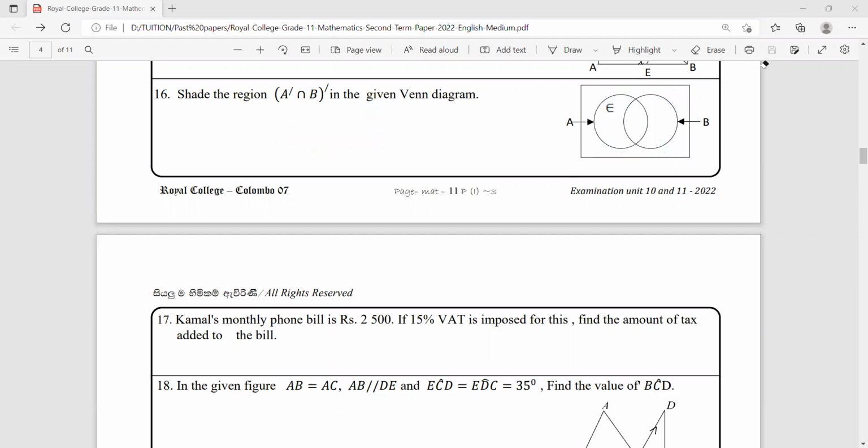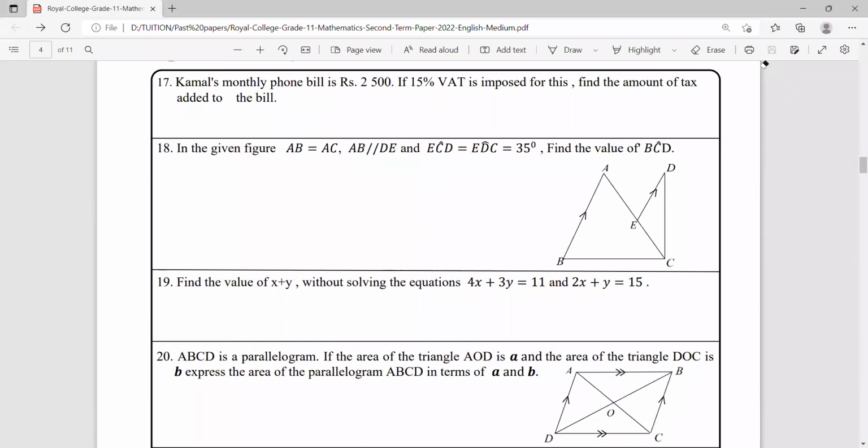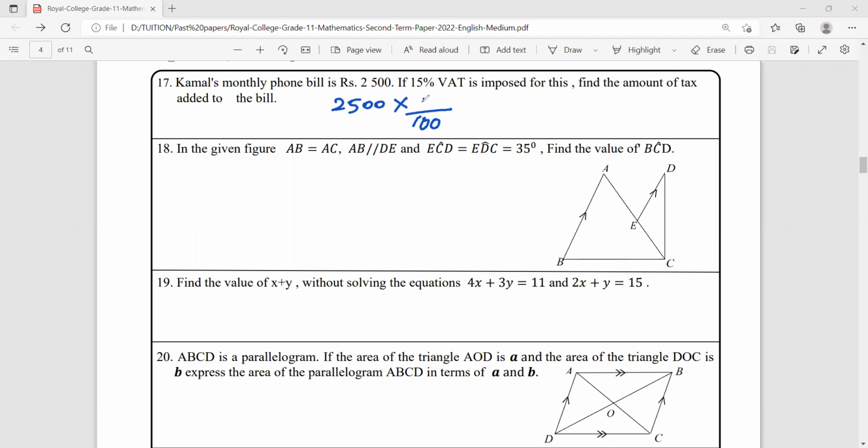Let's see this one. Kamal's monthly phone bill is 2,500. If 15% VAT is imposed on this, find the amount of the tax added to the bill. 2,500 into 15%. This is the monthly tax added to the bill, right?